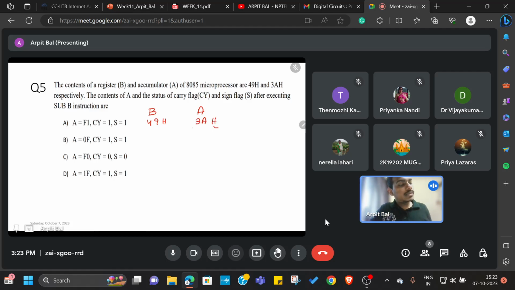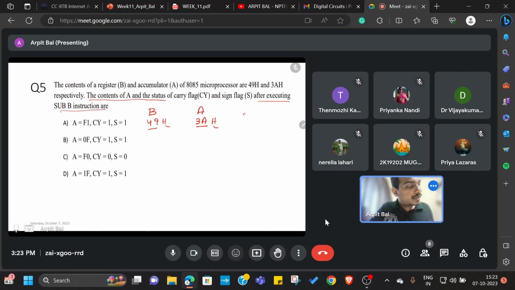H indicates a hexadecimal number. So what is the operation? The contents of A after executing the SUB B instruction.